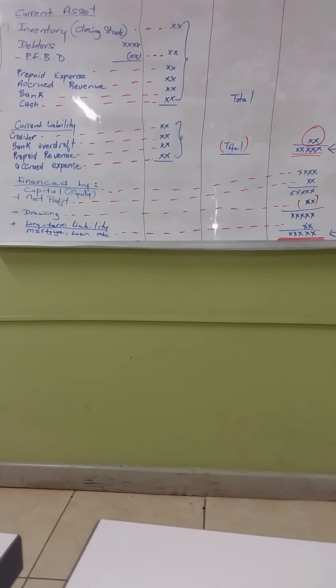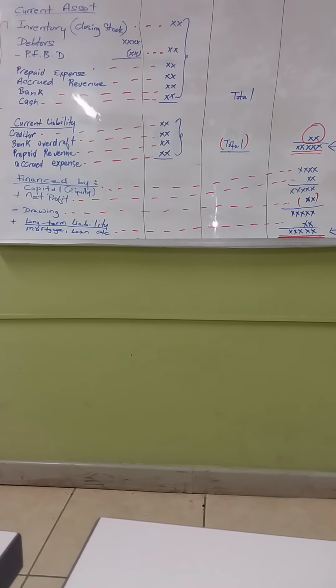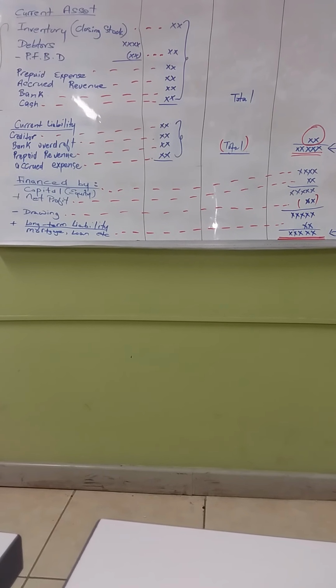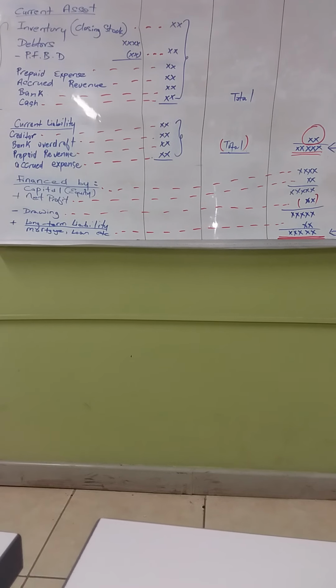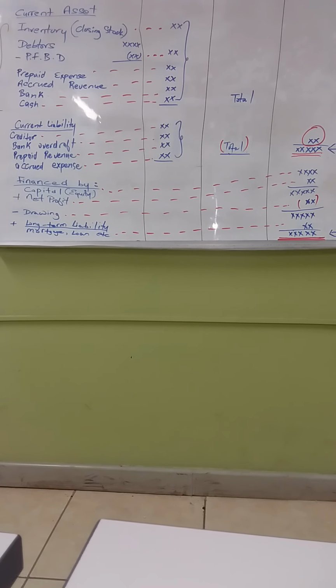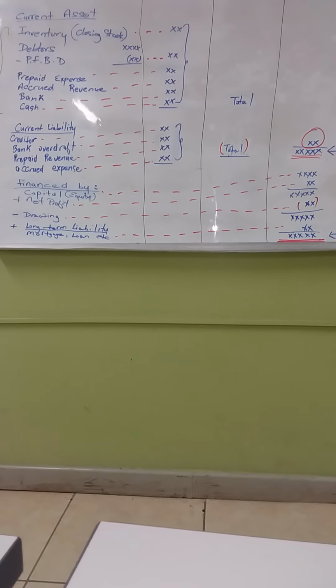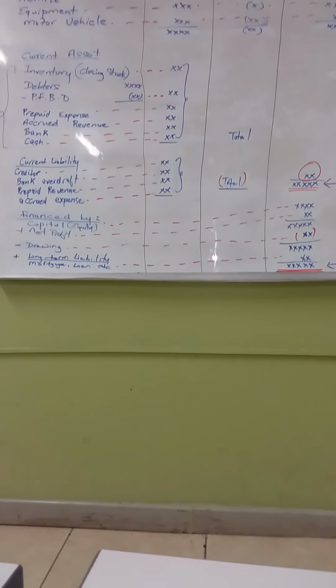Therefore accrued expense would be a liability, and that is where you would find that $200 listed, showing that you still owe. It could have been on any other expense as well.